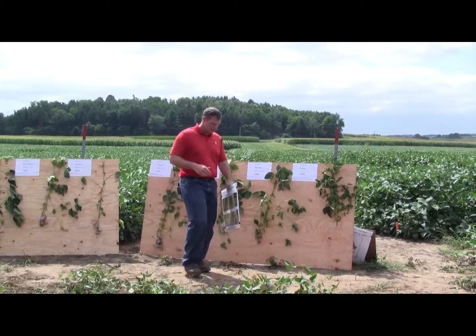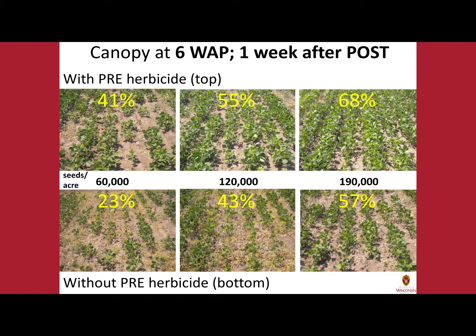It seems like all we're talking about is recommending more chemical control in the system to get us out of herbicide resistance issues. And what I'm showing here is canopy effects. The three columns are three seeding rates, seeded at 60,000, 120,000, and 190,000 seeds per acre. The images across the top are where we used an effective pre-emergence herbicide, and the images on the bottom are where we relied on post-emergence glyphosate.